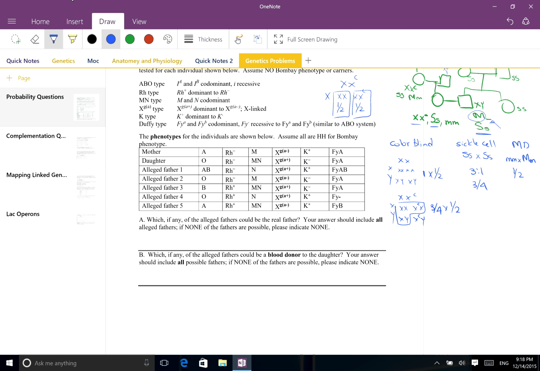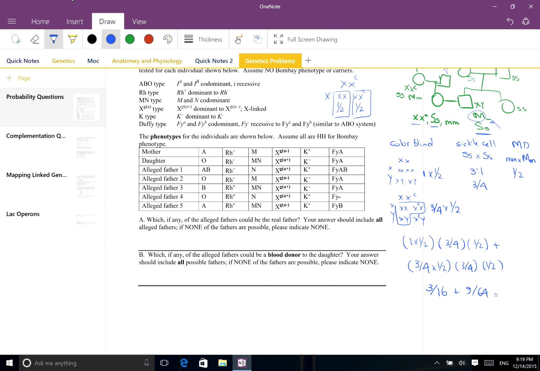So if I was to do the probability of the kid not having color blindness, sickle cell, and myotonic dystrophy, first I'm gonna take the 1 times 1/2, right, times 3/4 for sickle cell, times 1/2 for myotonic dystrophy, plus the other probability, which is 3/4 times 1/2, times again 3/4 for sickle cell, times 1/2 for myotonic dystrophy. The answer is gonna be 3/16 plus 9/64.